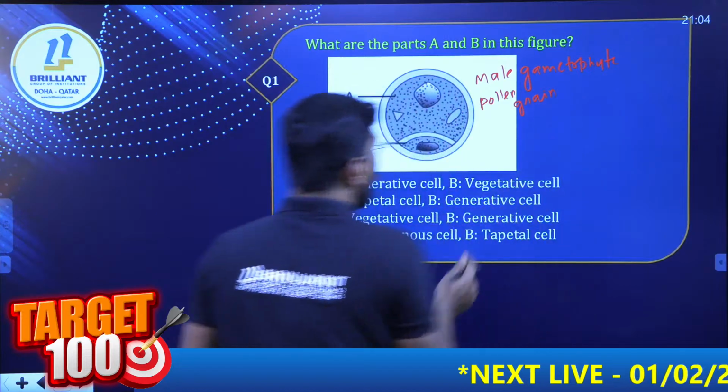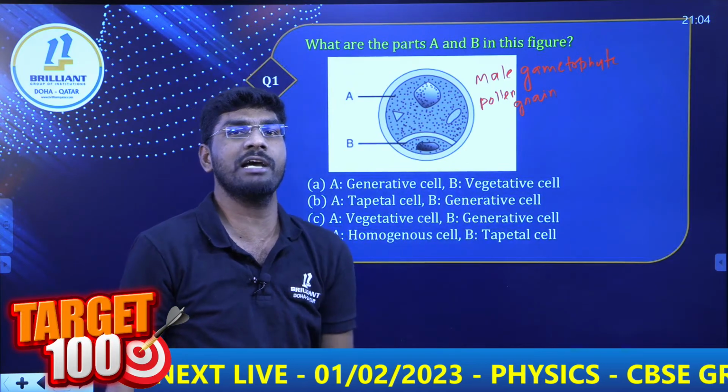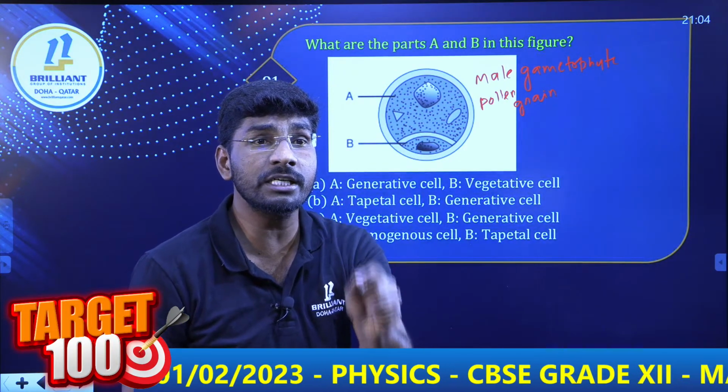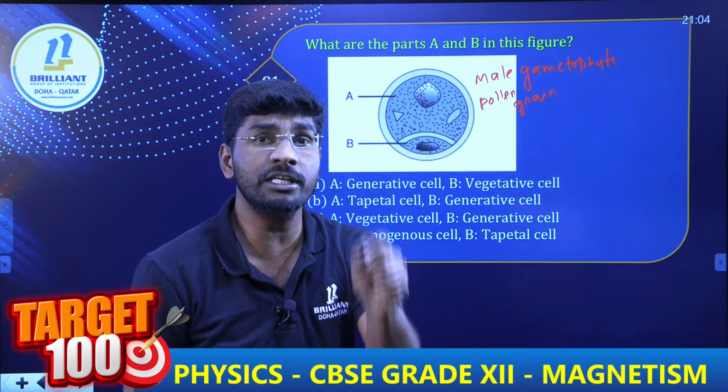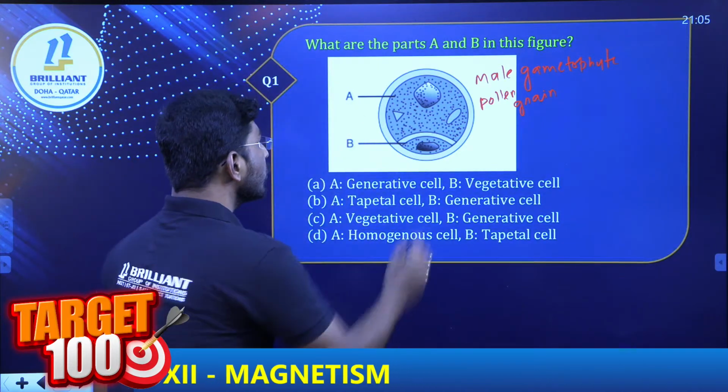Pollen grain will be released from the anther at the two-cell stage. We have learned that in 60% of plants, pollen grains are released at the two-cell stage. So what is A?